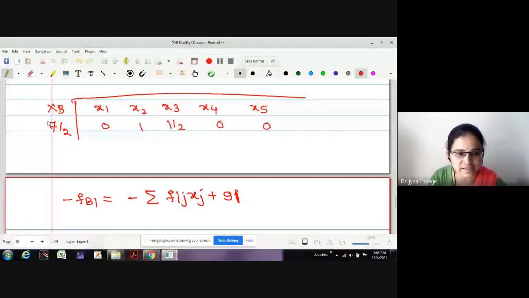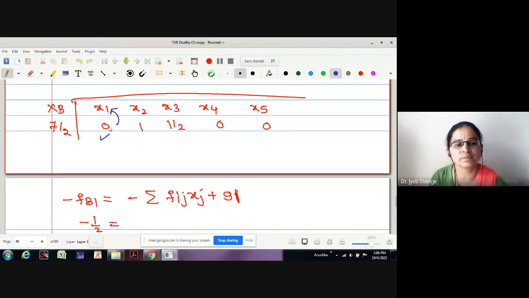The fractional part of this XB is minus half. Then we write minus half equal to the negative of the fractional part of this number into x1. What is the fractional part of this number? 0, because this is an integer. Therefore the term will be minus 0 x1. Next, the fractional part of this 1 into x2 is 0.